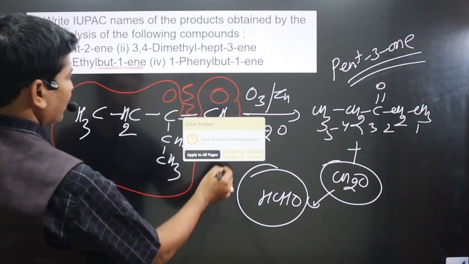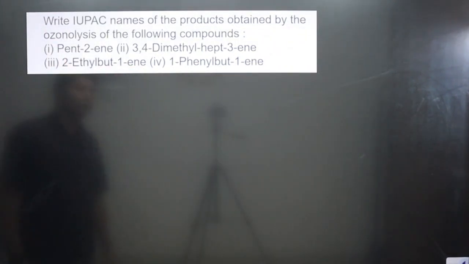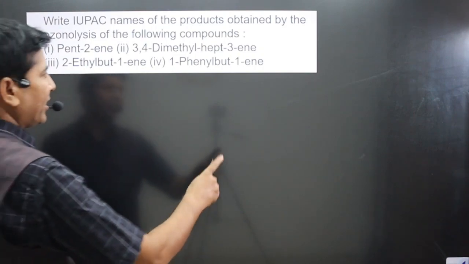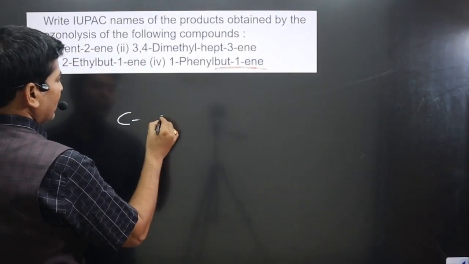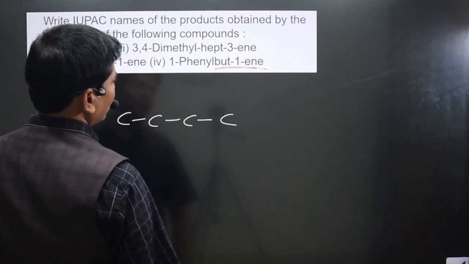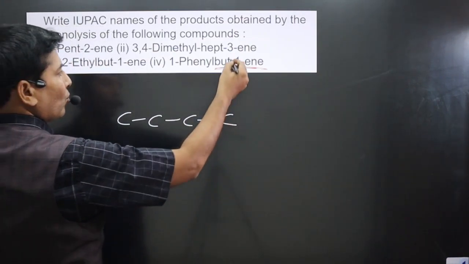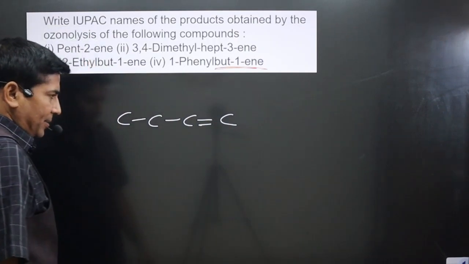Move on to the last one. We have 1-phenylbut-1-ene, the parent chain. In the last we have but, so we have 1 2 3 and 4. 1-ene is there, let's mention 1-ene.